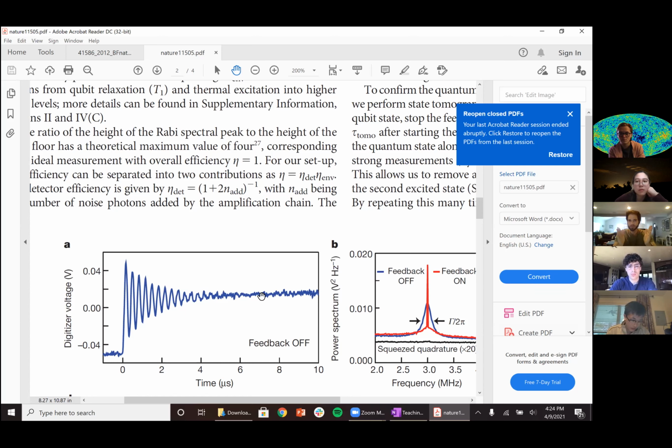And after a long enough time, this thing's been kicked around so much that the phase of this oscillation is completely scrambled. So you're basically averaging just a bunch of completely random things together, and you just get a constant value. So your oscillations are dead. And this is basically an exponential decay with some characteristic time. In this case, it's about 3 microseconds or so.